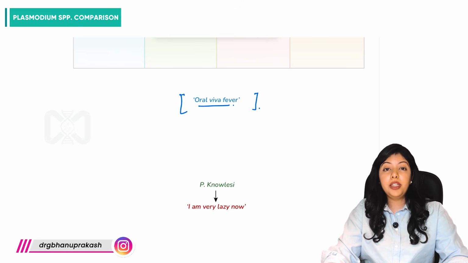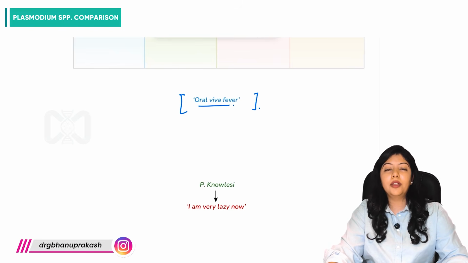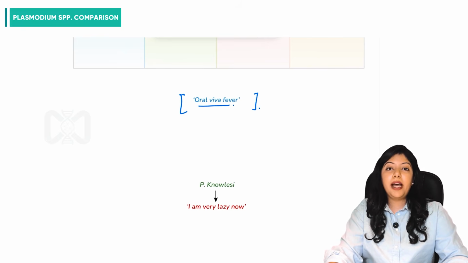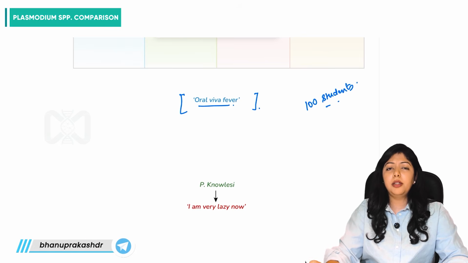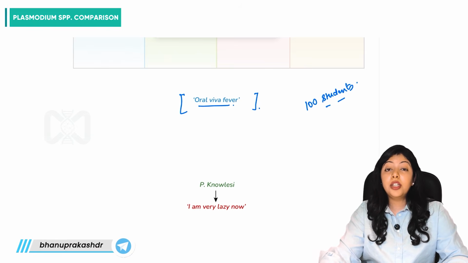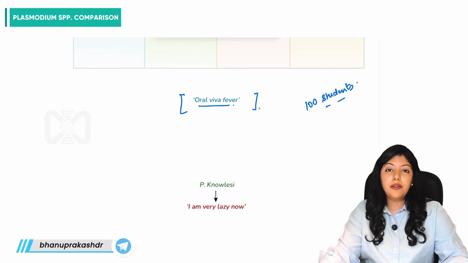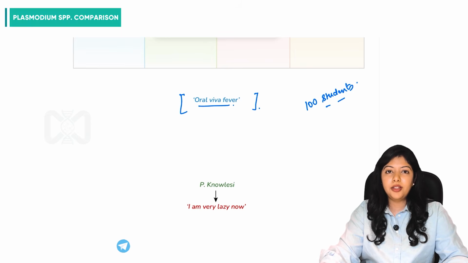Whenever we talk about our prof oral vivas, we get fever, right? For a batch of 100 students in MBBS, we divide them in batches of 32, 33, and it takes around 3 days for the viva to complete for a whole batch, right?